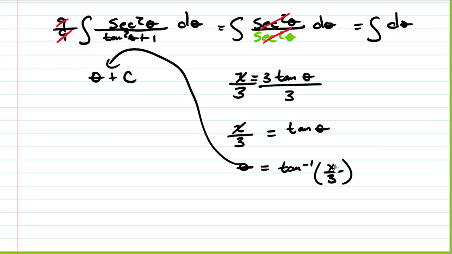So we substitute that back in, and our solution then is the inverse tangent of x divided by 3 plus a constant. So that would be the antiderivative of 3 over x squared plus 9 is the inverse tangent of x divided by 3.